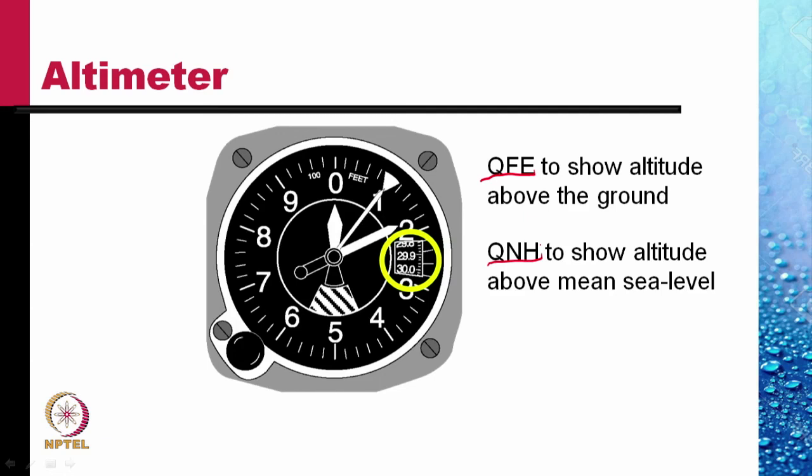Then your altimeter would be reading altitude above the mean sea level, assuming that the atmosphere is standard.